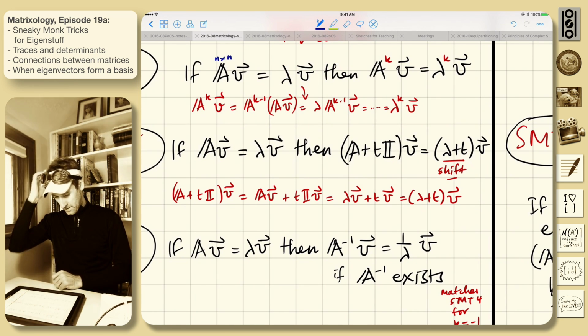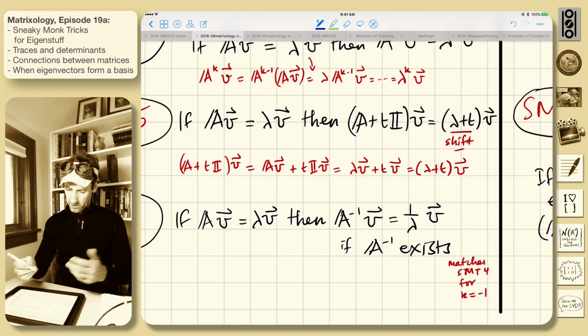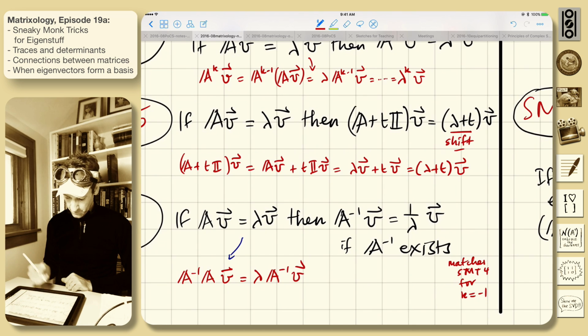Just generally speaking, we use that all the time. So good. We can do this one. We could just put -1 in, but I'm going to quickly derive it. If A to the -1 exists, then we can just pre-multiply both sides by A to the -1. Lambda is a constant, so it just comes out.